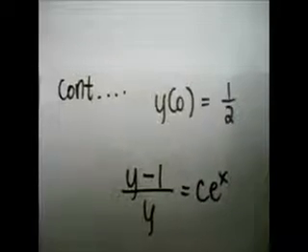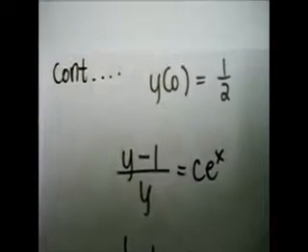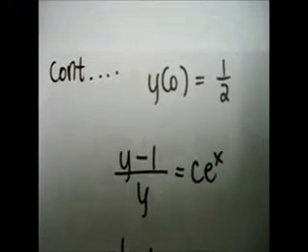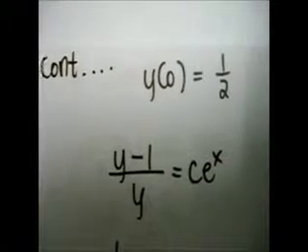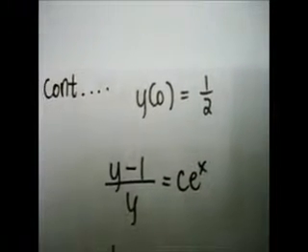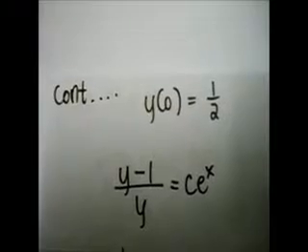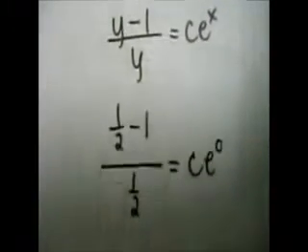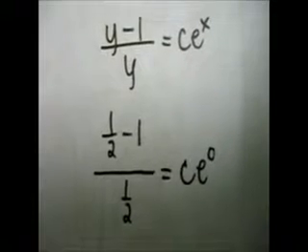Continuation. Since we are given the condition y of 0 is equal to 1/2, and given our answer y minus 1 over y is equal to c times e to the x, we are going to substitute the values 0 and 1/2. So we have it here, and we all know that e to the 0 is just equal to 1.